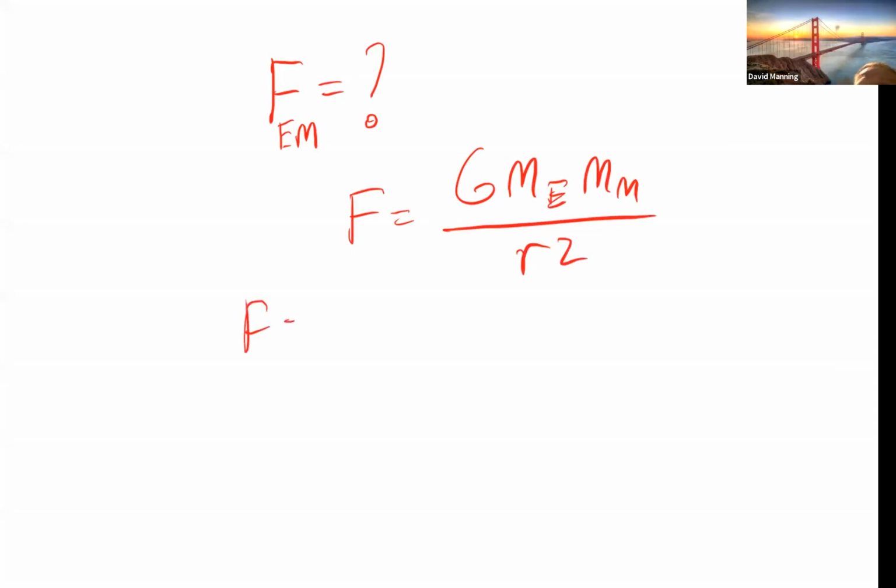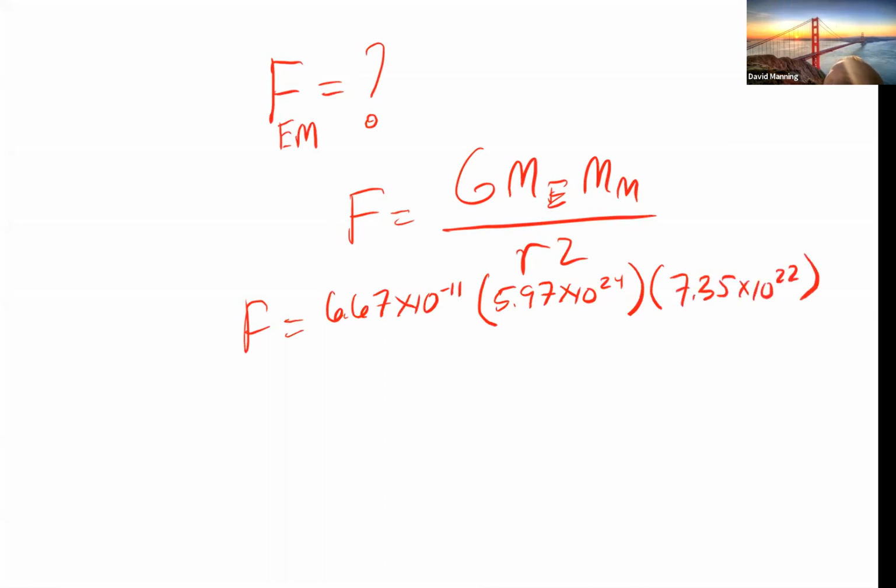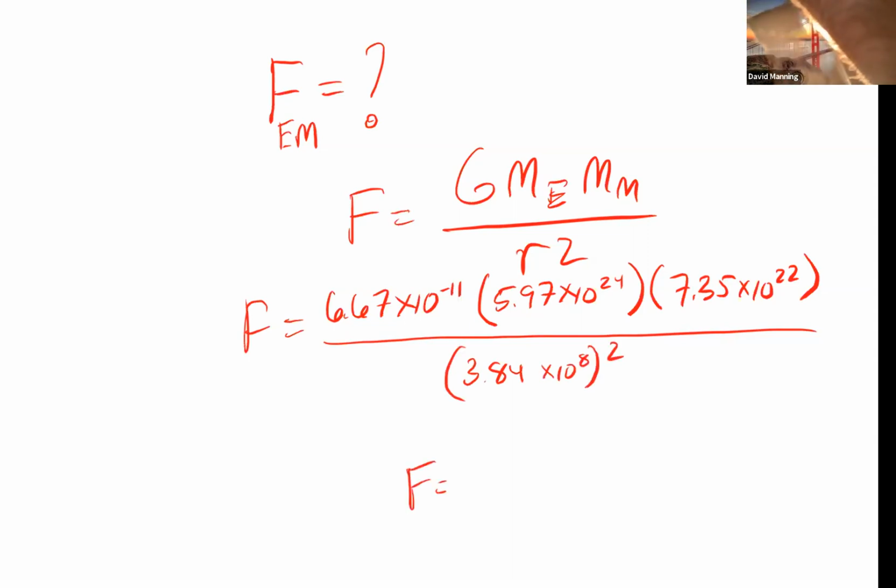So big F equals 6.67 times 10 to the minus 11th. Mass of the Earth, 5.97 times 10 to the 24th. Mass of the Moon, 7.35 times 10 to the 22nd. And the distance, 3.84 times 10 to the 8th squared. And I think it comes out to be 2.0 times 10 to the 20th. I'm almost positive.